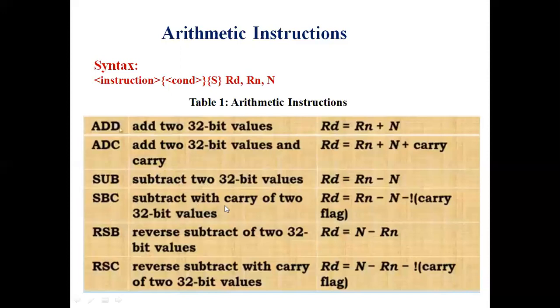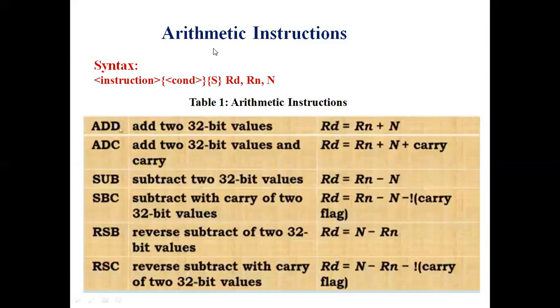SBC, subtract with carry of two 32-bit values. RSB, reverse subtract of two 32-bit values. RSC, reverse subtract with carry of two 32-bit values. This is the syntax that has to be followed while writing these instructions.